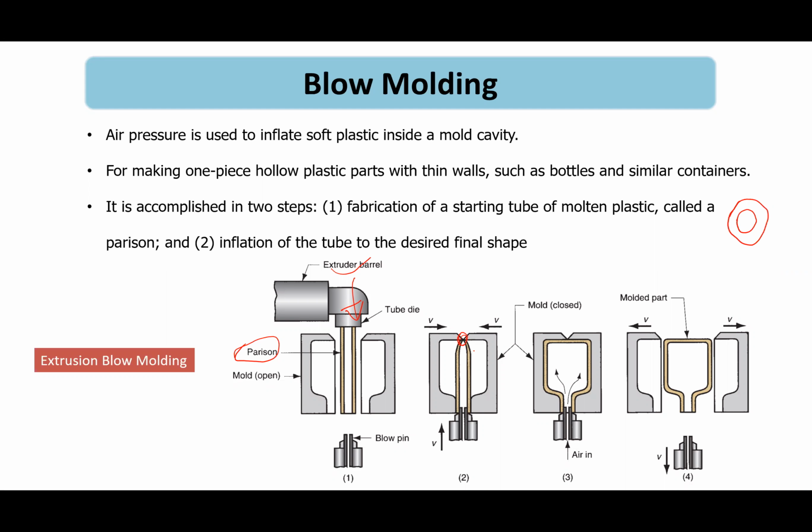Once this is done, the airflow comes into play. The air gets into the cavity, expands the material and distributes the softened material all over the mold. Then you use the cooling cycle to cool the material, and then you take it out.